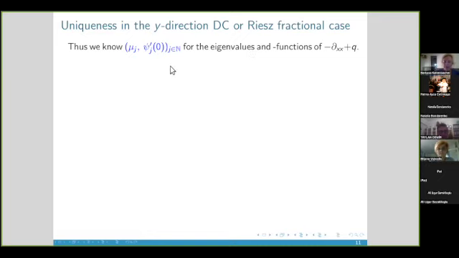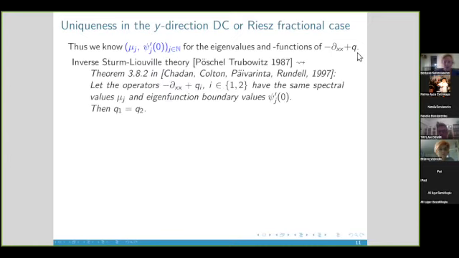Sturm-Liouville theory is a really nice machinery that allows us to conclude from spectral information to information on the coefficients of the underlying differential operator. In particular, this piece of information, namely having a sequence of eigenvalues and corresponding overposed data, so to speak, of the eigenfunctions. So we don't know the whole eigenfunction, but we know its flux at one boundary point.